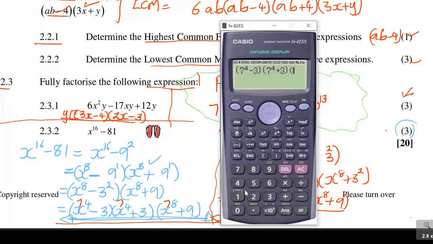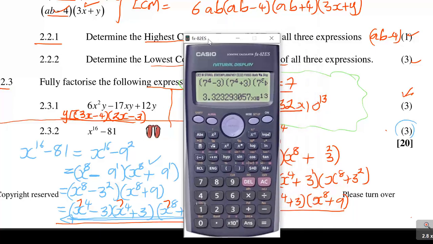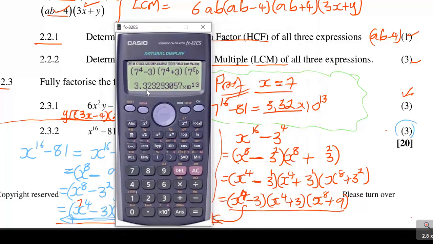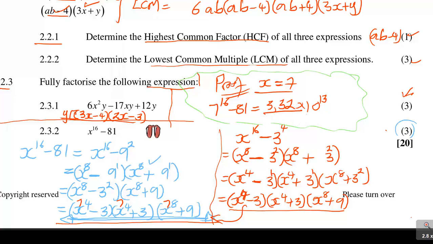Open another one. And then 7 to the power of 8 plus 9. If I do that, I must get a similar answer, which is 3,32 times 10 to the power of 13, which is exactly what I got in this one. So whenever it's matching like that, the chances are you are in the right direction. So this is what I usually use when I want to check quickly if my answer is correct or wrong.